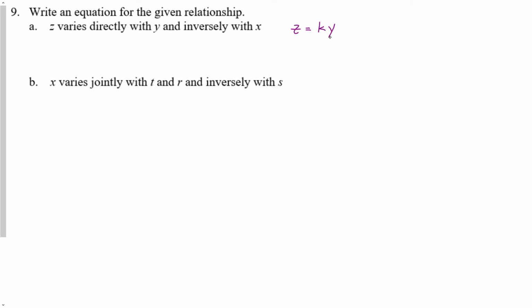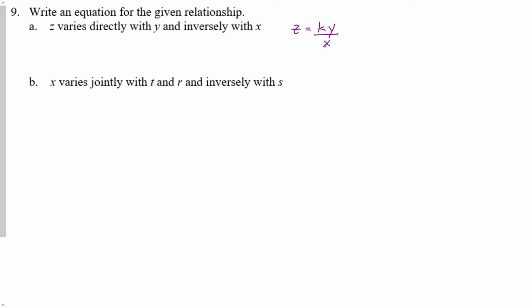Now the second part of it, and inversely, we know means we're dividing by the next variable, which we are told is x. So the equation that we would get from that problem would be z equals k times y all divided by x.